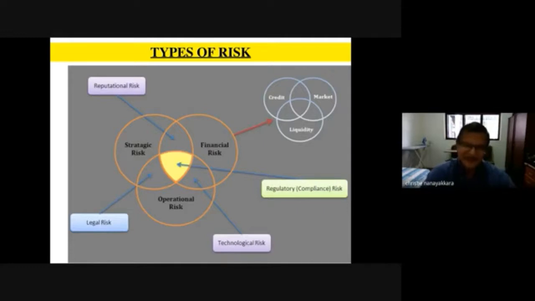We run strategic risk and operational risk. In between, there's another interconnected circle, which I have put as legal risk. Most of our transactions, we do on a contract. Either suppliers provide certain things, customers sign fixed deposits, there are agreements, forward agreements, mortgages, all are legal contracts.